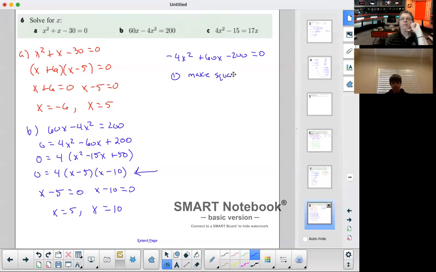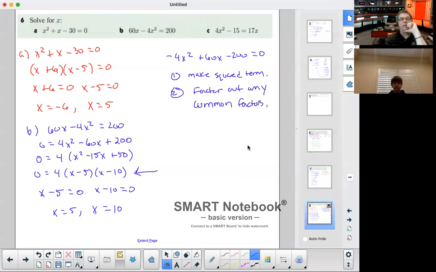Right? Move it to the other side. Two, factor out any common factors. And then I think if you do those 2 things, Jack, it seems to me like you're going to be okay. Because you know all the other stuff.